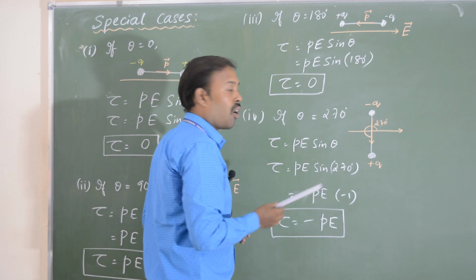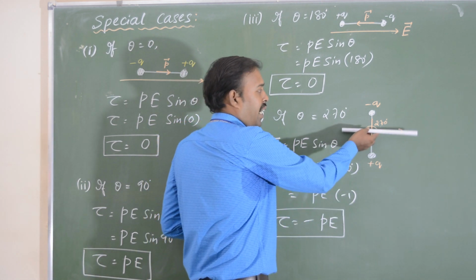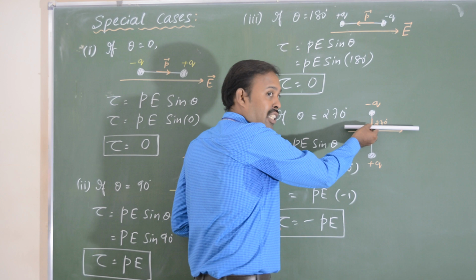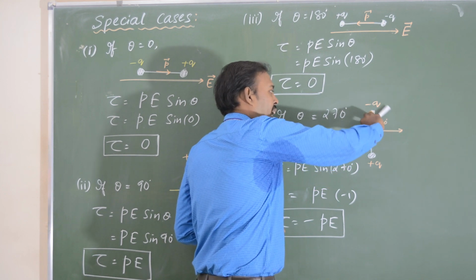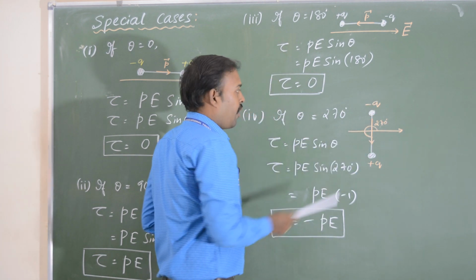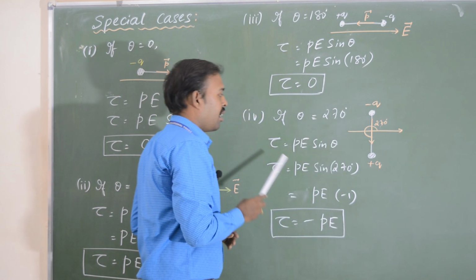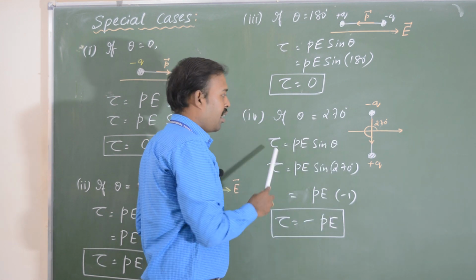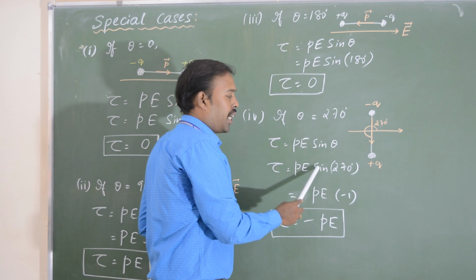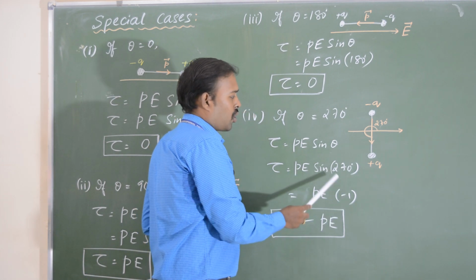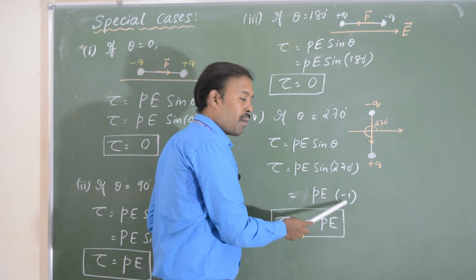So I repeat, I have rotated this dipole by an angle, the dipole was like this and I have rotated it by 270 degree. If theta is 270 degree, the expression for torque will be tau is equal to PE sin 270. Sin 270 is nothing but minus 1.